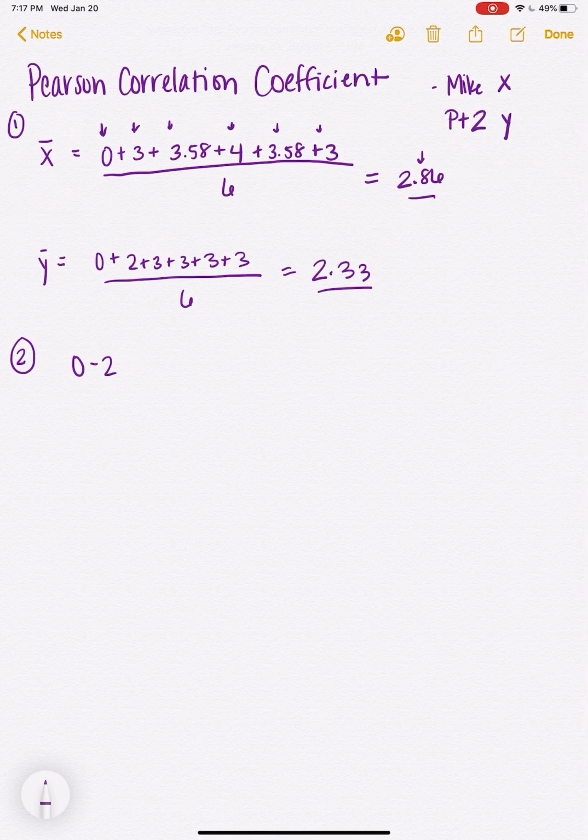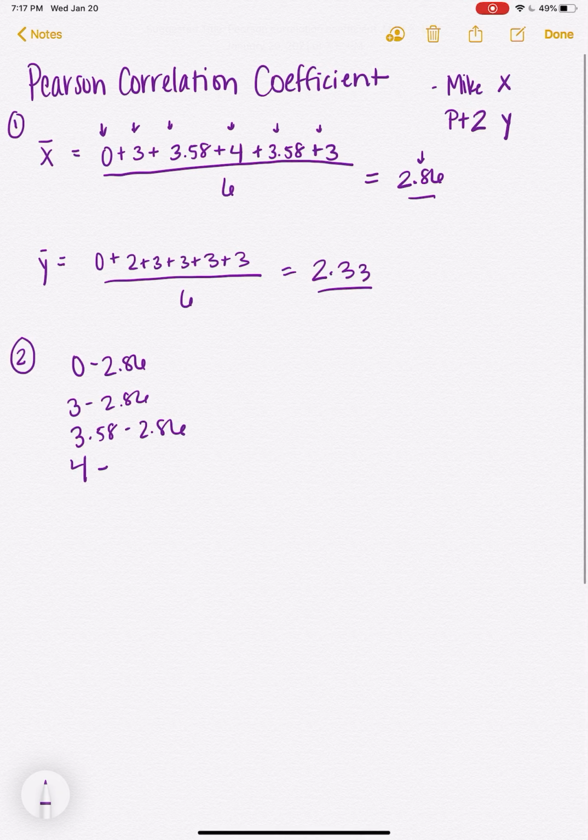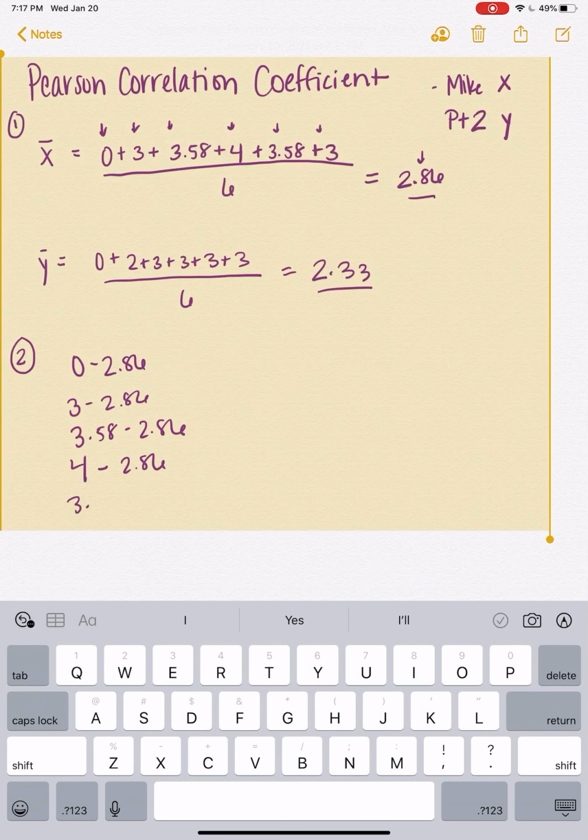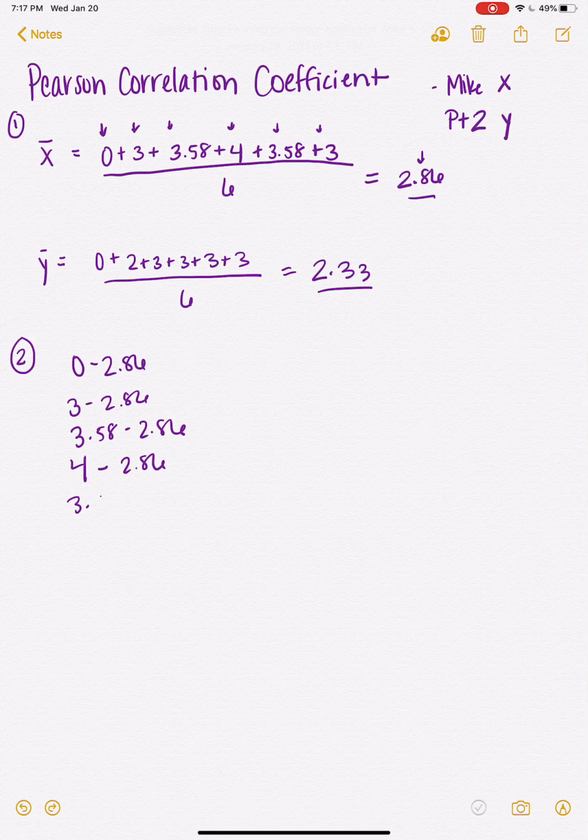So 0 minus 2.86, 3 minus 2.86, 3.58 minus 2.86, 4 minus 2.86, 3.58 minus 2.86, and then 3 minus 2.86.